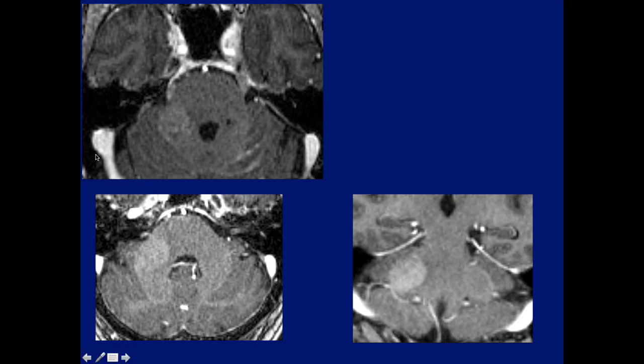Correct. As was pointed out, Gino pointed out, there's enhancement in the trigeminal nerves, as well as in the brachium pontis on the right side. As you can see, the signal and the flare and the enhancement. Any possible pathology here?